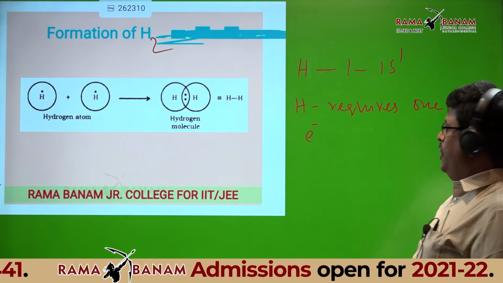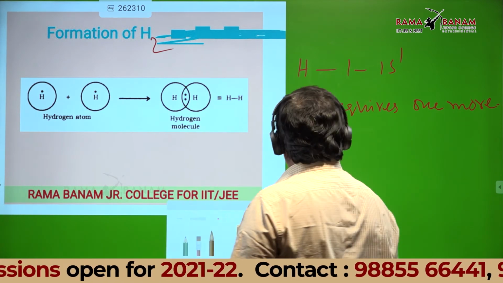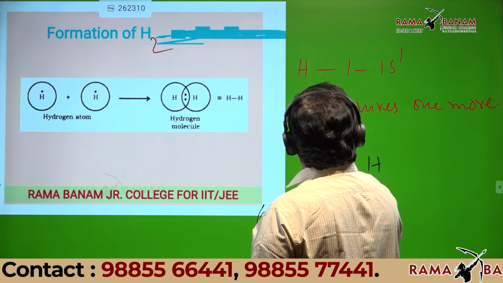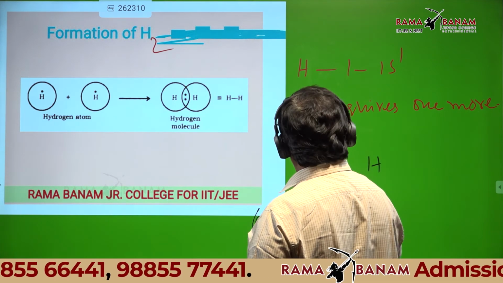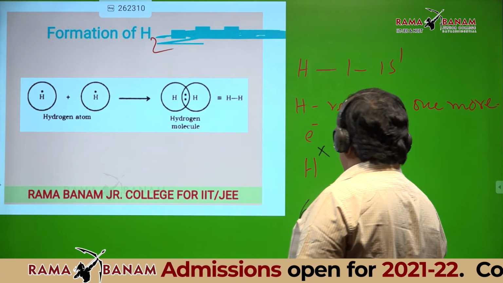Okay, there are two hydrogen atoms here. Let it be the two hydrogen atoms. This hydrogen is having one electron. This hydrogen is having one electron.